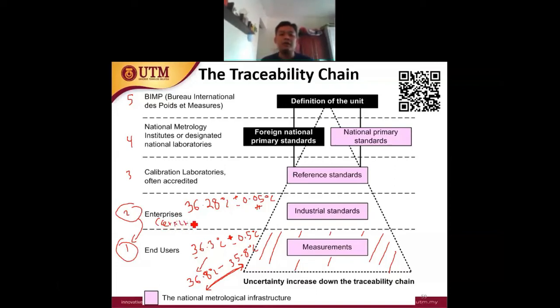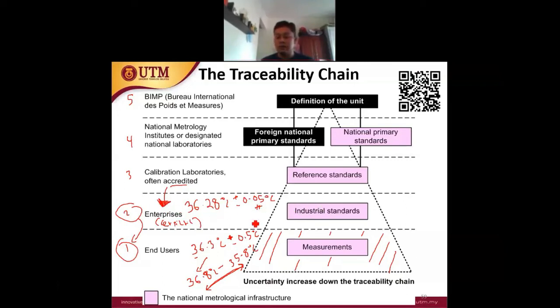Of course, there are higher level standards by the lab bodies. They basically accredit the enterprise or the company, or not all enterprises.